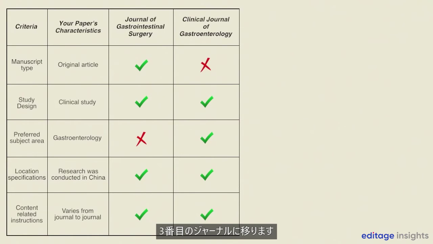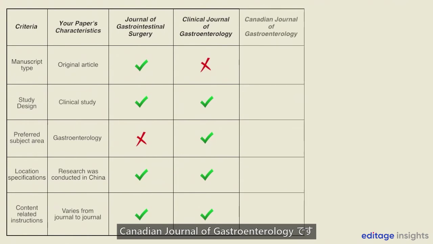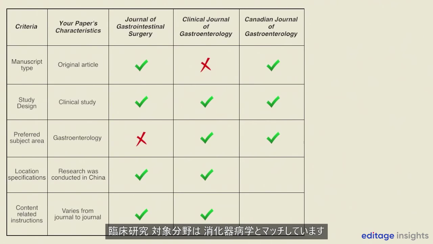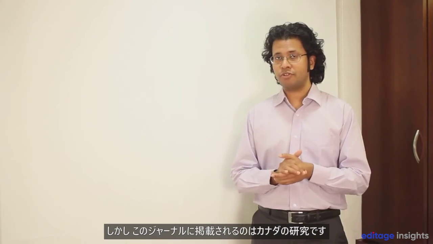So let's move on to the third journal, and this is the Canadian Journal of Gastroenterology. This journal publishes original research, clinical studies. Subject area is a match, gastroenterology. Content-related instructions also match. But the journal publishes Canadian research.